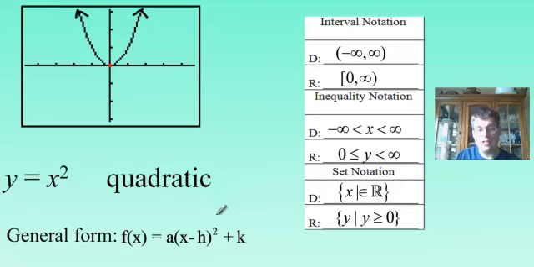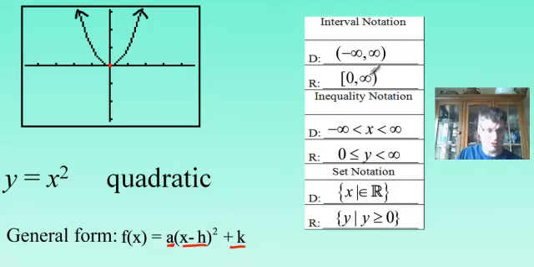Now the general form of this, and we're going to go into more detail about this later, is f of x equals a, so we saw a in linear, now we see a here, times x minus h quantity squared plus k. So we see two new variables, h and k.